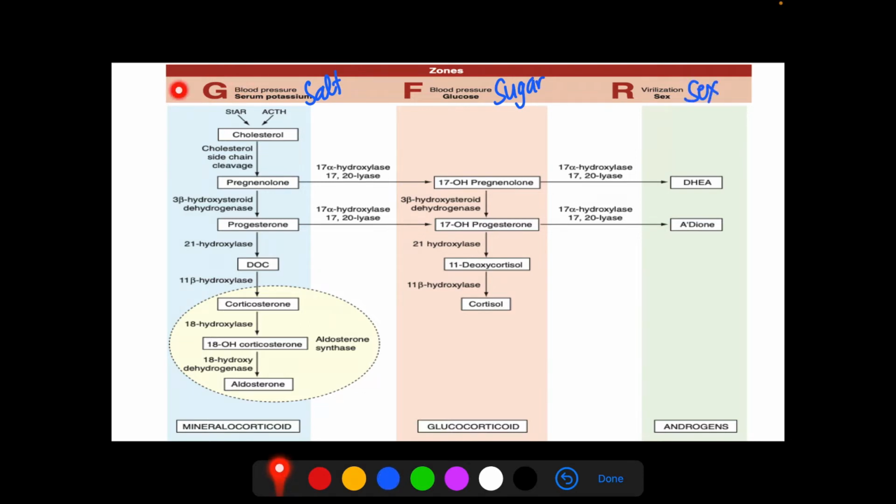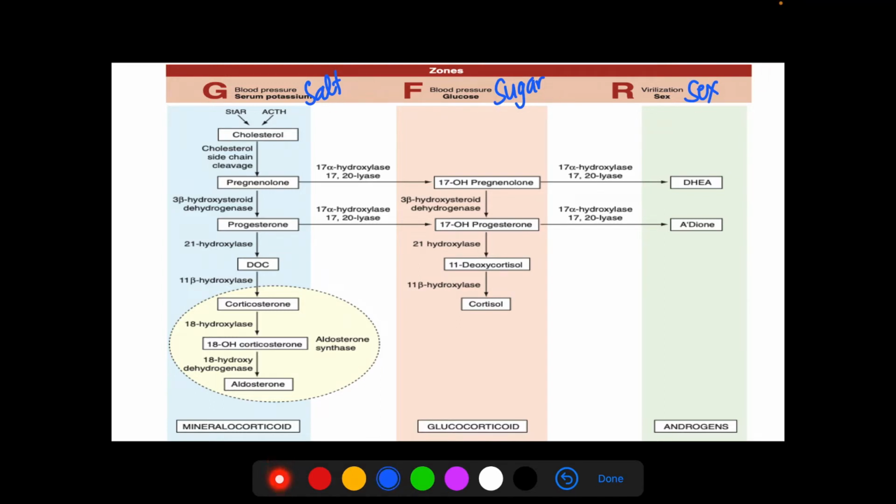The glomerulosa is the outermost layer, this one the middle layer, and the reticularis is the innermost layer. That's why they often say the deeper it goes, the sweeter it gets. That's just to help you remember the different layers of the adrenal cortex and the substances produced by them. So salt, sugar, and sex hormones.